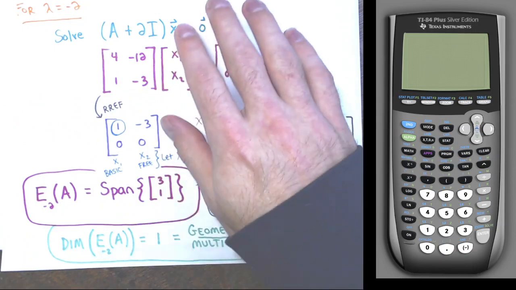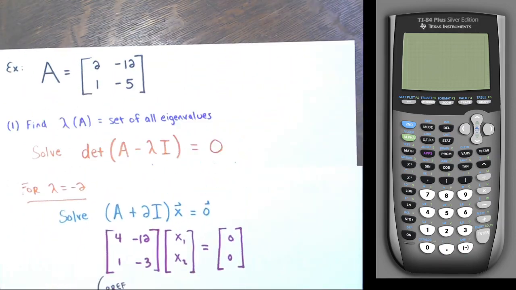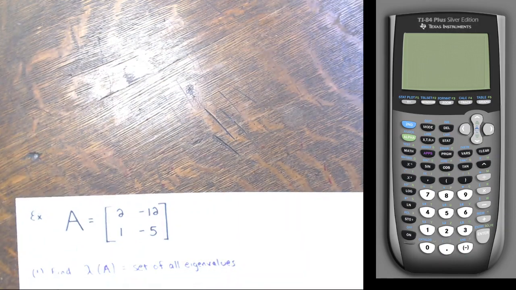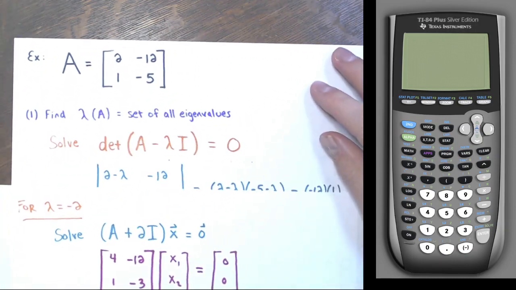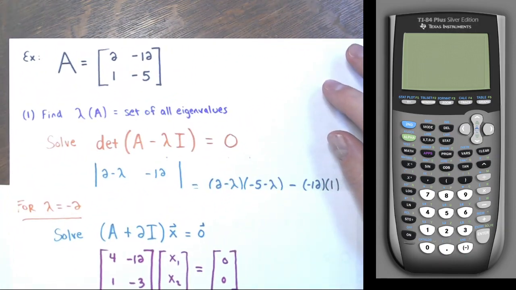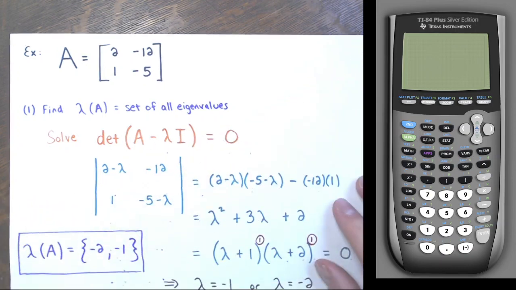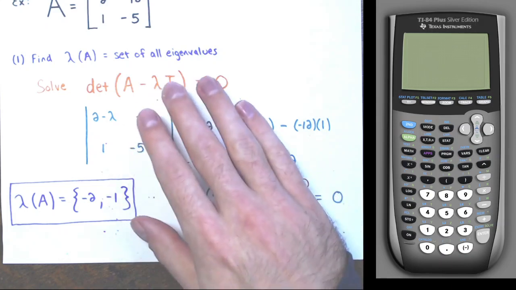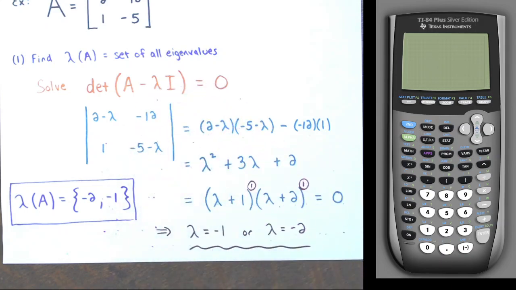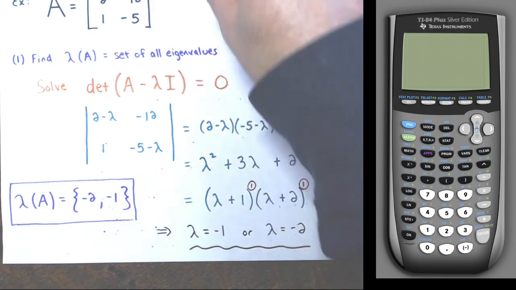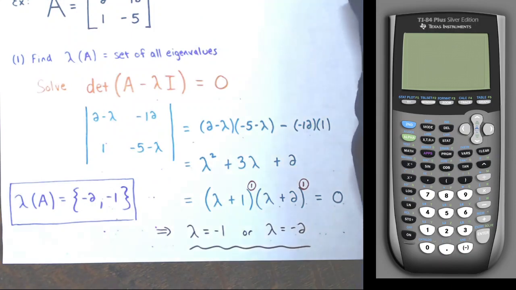All right, so that's it for that example. Wow, it takes a bit even for just a 2 by 2. But you see what happened there. First I found all the eigenvalues. I found the spectrum of the matrix by solving the characteristic equation. Once that characteristic equation is solved, you can then easily state the algebraic multiplicities of the eigenvalues. How many times do they repeat as solutions of the characteristic equation?